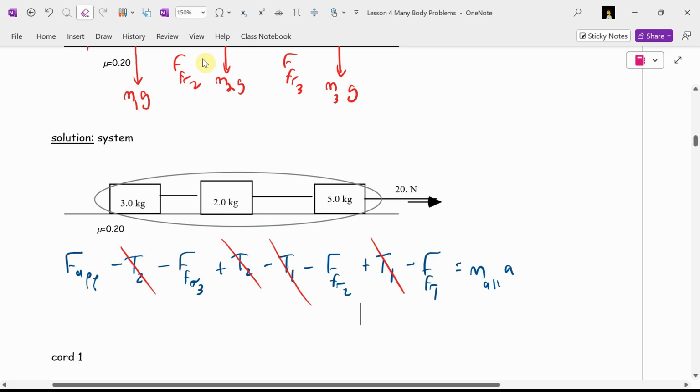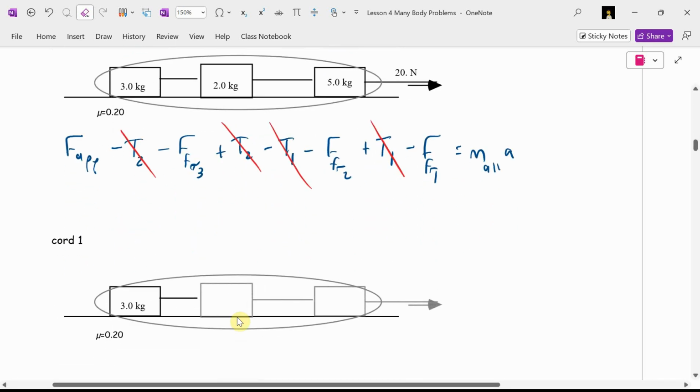While we're at it, how would I get the A by itself? If I divide by A, if I put the A on the bottom, then I'll get the A by itself. I think I disagree. What do I want to divide by to get the A by itself? Yeah. Okay. So I'm going to write it all out here. It's going to be A equals F applied minus, instead of writing friction force number 3, friction is what times what?